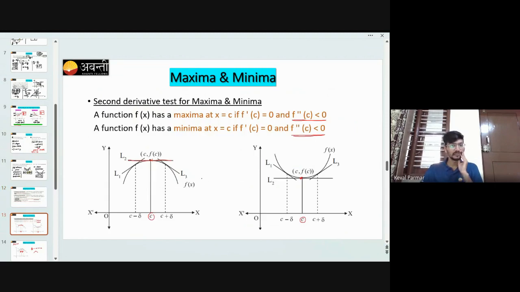So we saw this from the graph, the second derivative test. f dash of c equals 0 and f double dash less than 0 means maxima. Oh, here it should be greater than. f dash of c equals 0 and f double dash greater than 0 means minima.